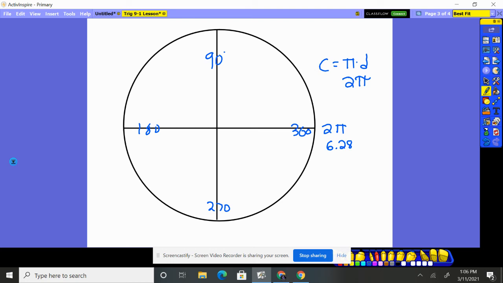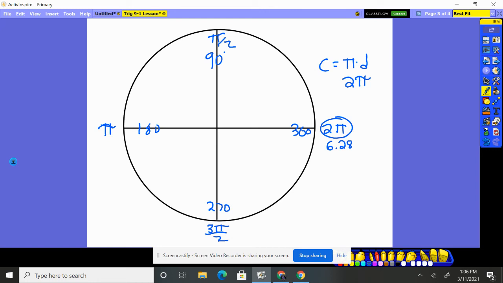Well, we said this is pi radians right here, pi. Up here is pi over 2, which is the same as 90 degrees. Down here would be 1.5 pi's, or 3 pi over 2. And then all the way back here is our 2 pi, or 360 degrees. Those are all the same.